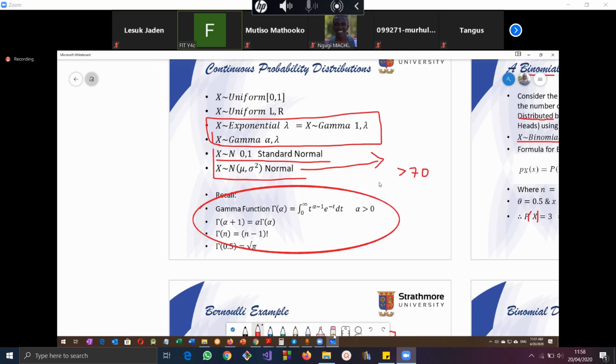So I will set my limits, maybe 25 to 90. Then I will generate random numbers between 25 and 90 using the normal distribution. The normal distribution will give me numbers. Maybe I want 2,000 numbers.